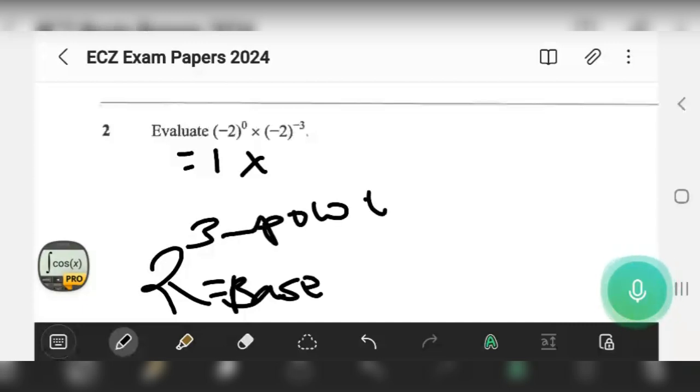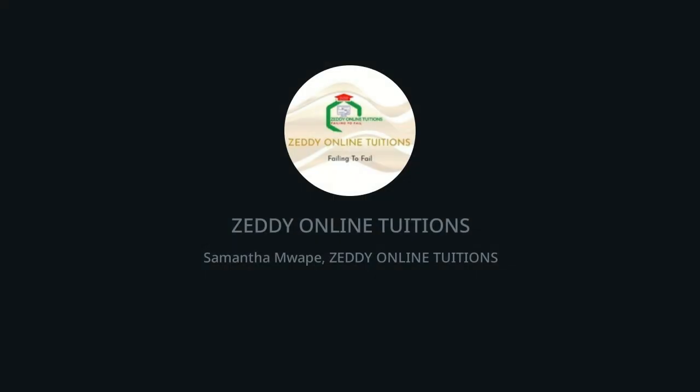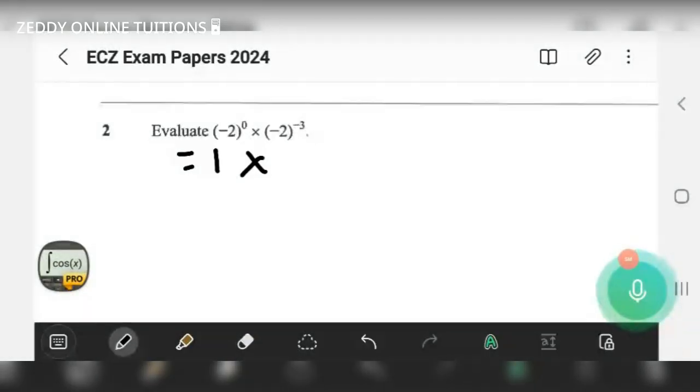I should not dig deep into this, because this concept is under indices, and I might confuse you, because the whole idea is to make sure that we concentrate on one topic with similar concepts at once.